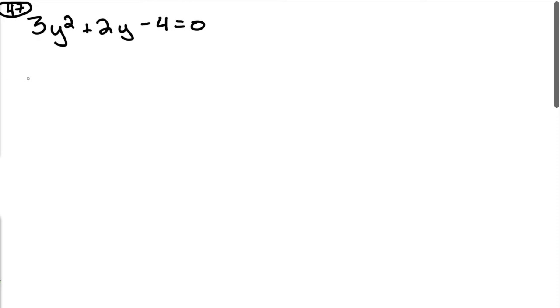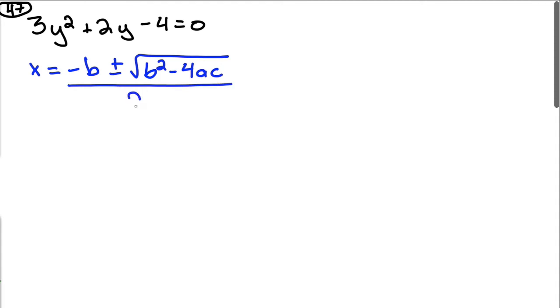Now, remember the quadratic formula says that x is equal to minus b plus or minus the square root of b squared minus 4ac all over 2a.